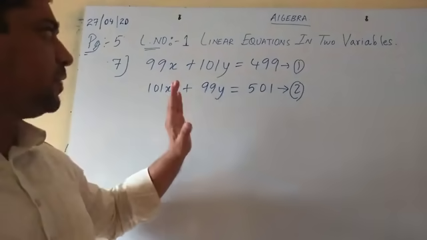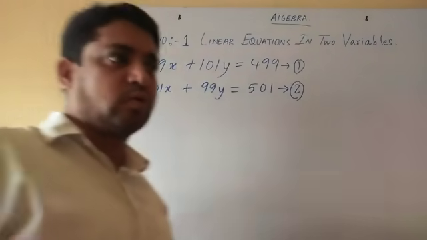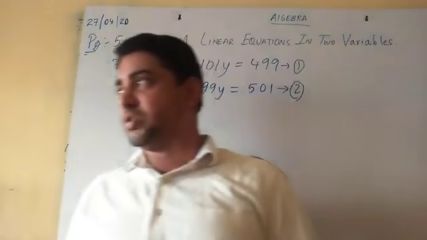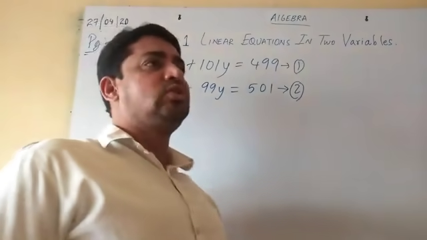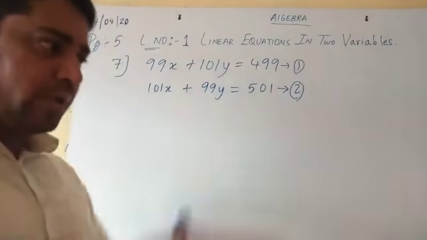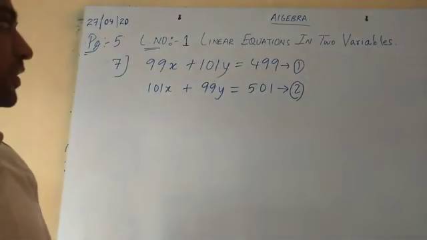Variables are in the same place, but the numbers are reversed. So whenever you have such a type of sum where the numbers are reversed, you can follow this method which I am teaching. You can follow the old method also, but this will be easier for you. Why? The numbers will be drastically reduced. The coefficients will be reduced if you follow this 4-step method.